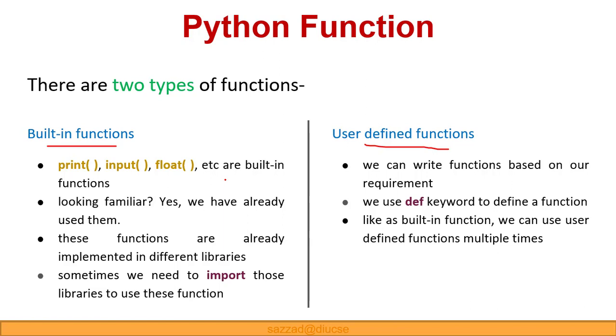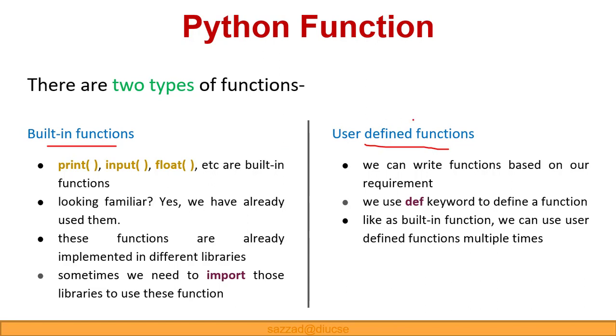These are called built-in functions. We have already used them, and these functions are already implemented in different libraries. Sometimes we need to import those libraries to use these functions. Other than that, if we are going to use other functions, we need to include or import them inside our code so that we can use the facility of those functions as well.